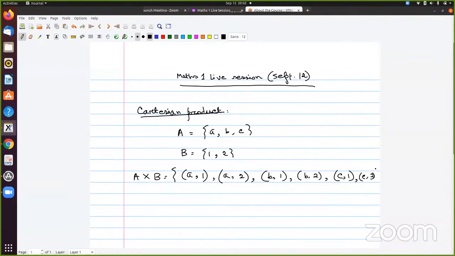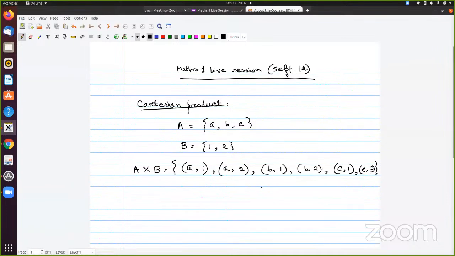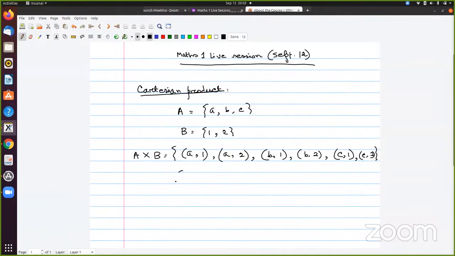Great. If I want to see this pictorially, how can we do that? Suppose this is my set A, so there are three elements, and this is my set B, there are two elements.